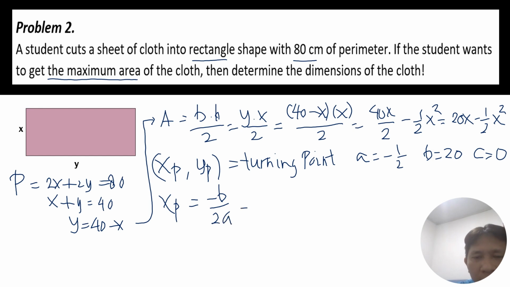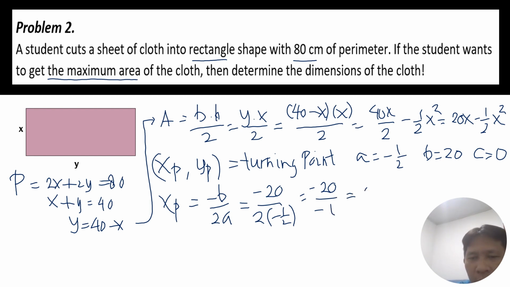This is the formula. Just enter the value of b and a. So here we have minus 20 over 2 times minus half, so equals minus 20 over minus 1.